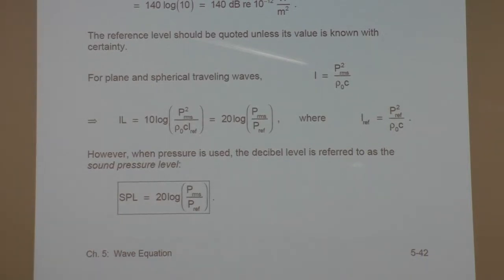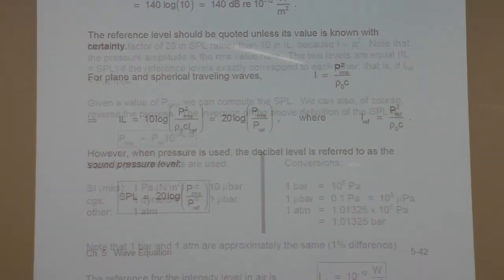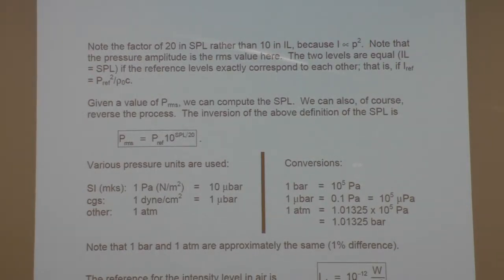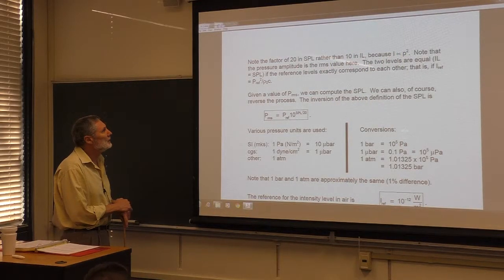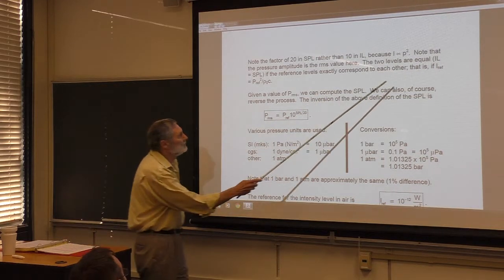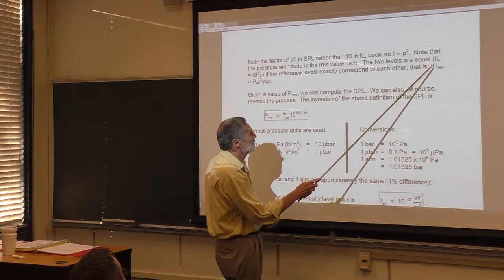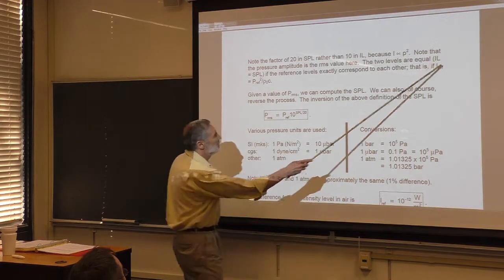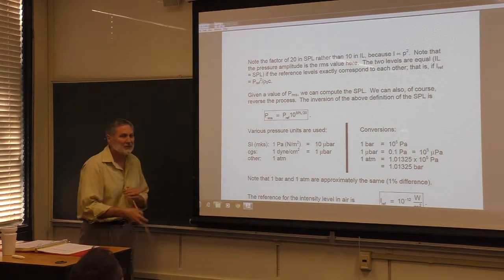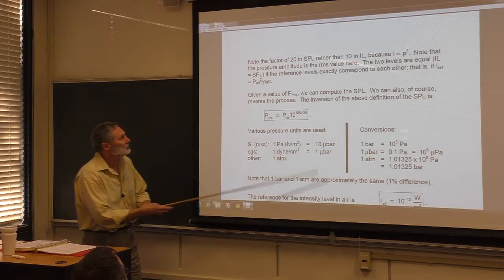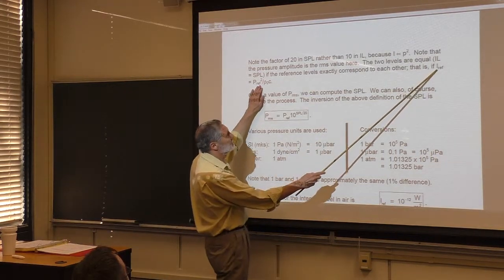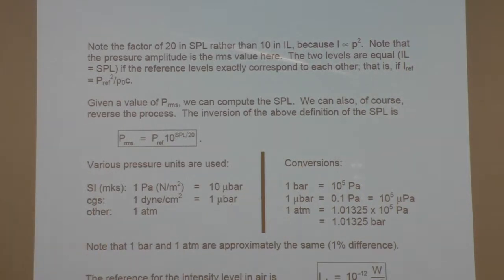It's a general fact. So, I just want to point out right now, we'll get to the problem in a minute, that the IL is equal to the SPL. The intensity level and the sound pressure level are equal as long as the reference levels correspond exactly.